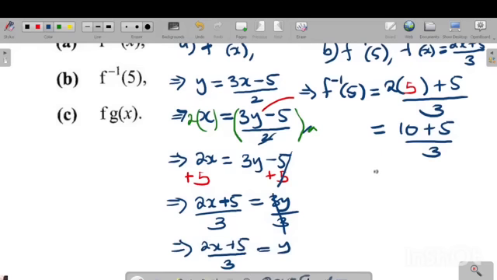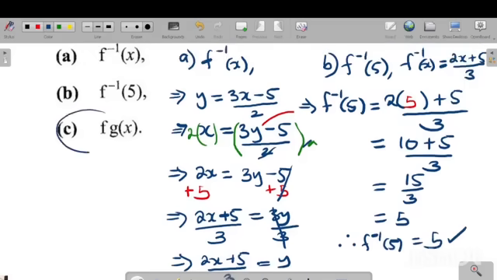Okay, so we have 10 plus 5 is 15 over 3, and this gives 5 when you divide 15 by 3. So you conclude and say, therefore, f inverse of 5 is 5.